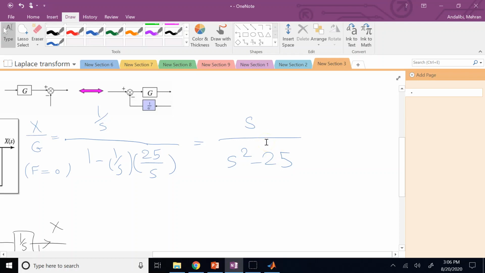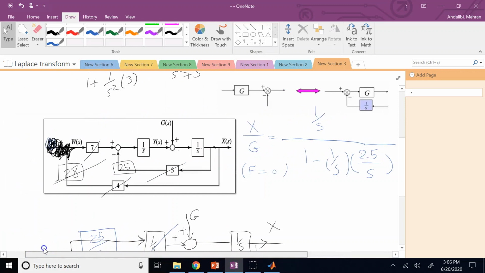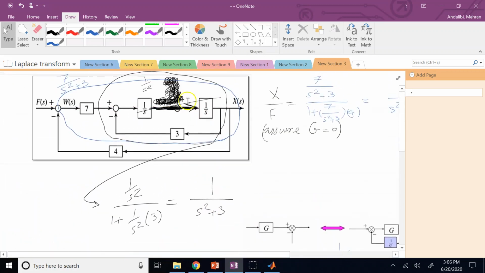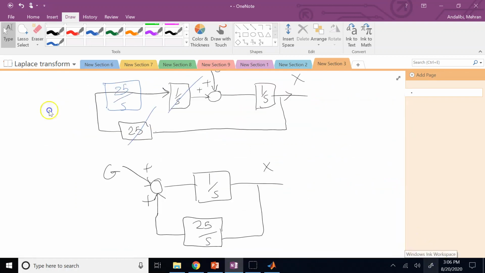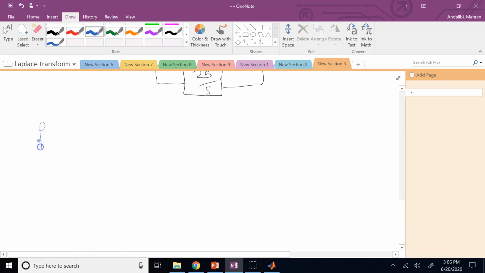Now, if in any scenario g and f are both given to you, and then they ask you what is x, well, you can find it, right? So maybe they tell you that, for example, f of t is, let's say, t, and then g of t is a delta function.